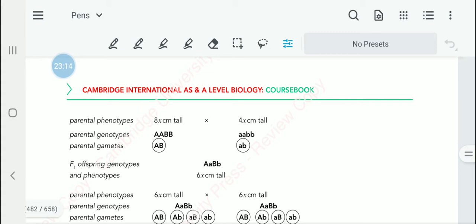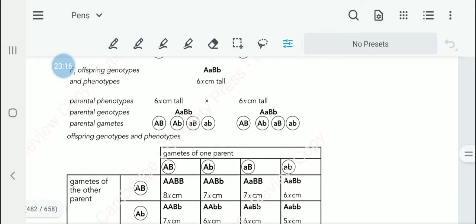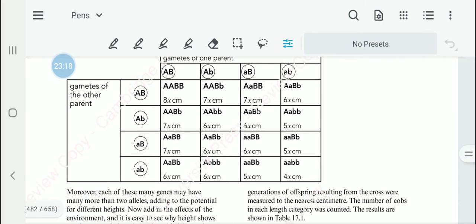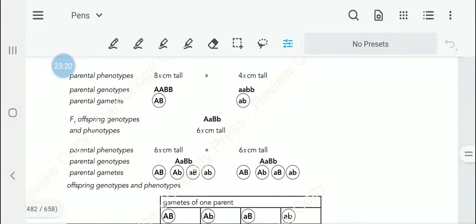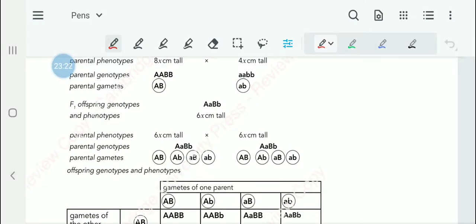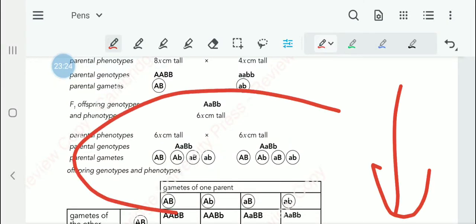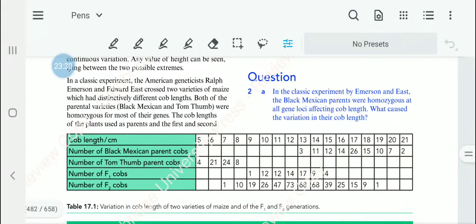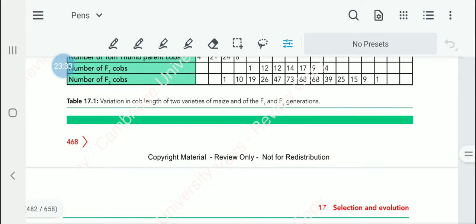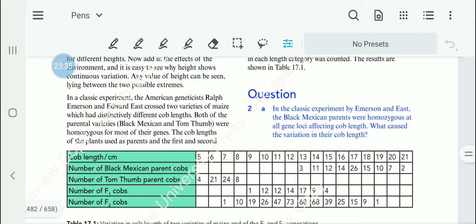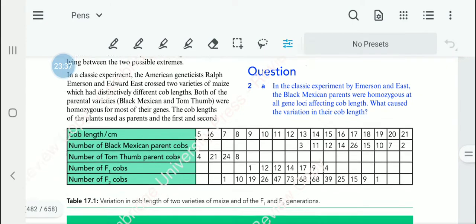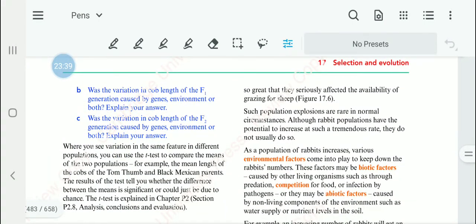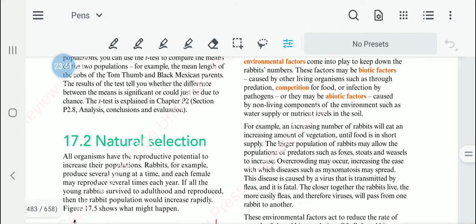Please draw this chart. You will be able to understand how it happens. This entire chart from parental phenotypes, this entire thing up until the bottom of this. Right. If you did not understand, please let me know. If you understood, please do question number 2. If you have any difficulty answering any of these questions, please let me know.